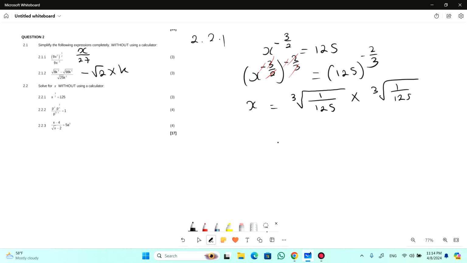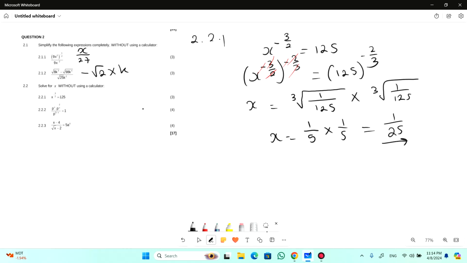Now the cube root of 125 is 5. So meaning our answer will be, in that case, 1 over 5, right? Yes, 1 over 5 times 1 over 5, which would be 1 over 25.